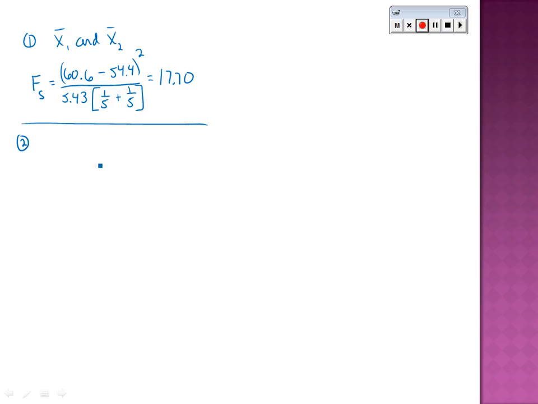Next, we're going to compare x bar 1 and x bar 3. So we're looking at Dallas and Detroit. We had 60.6 for our Dallas mean minus 52.8. That quantity is squared, divided by the same denominator again. Our within group variance hasn't changed, and the two sample sizes are the same.